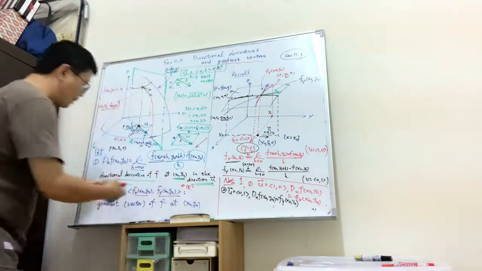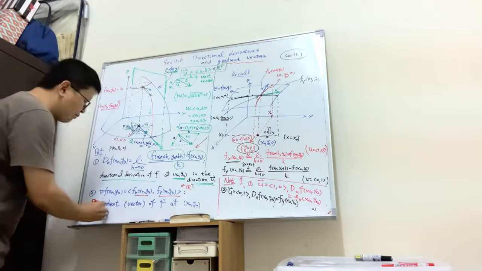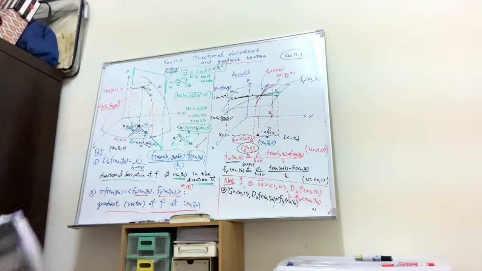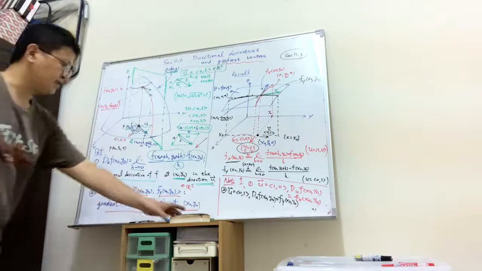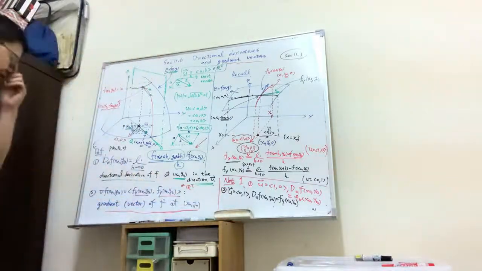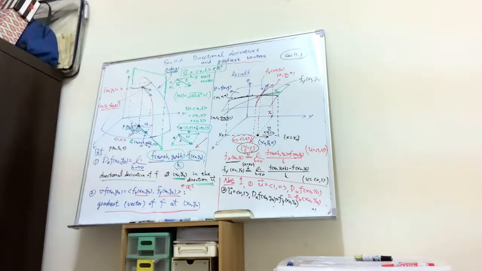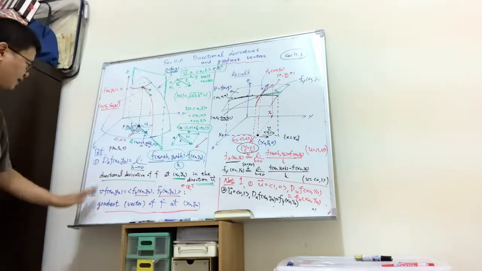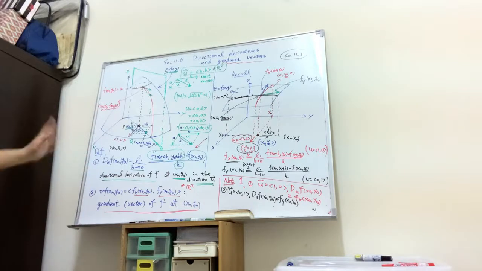We call it the gradient vector of f at this point. Sometimes we just skip the word vector. The gradient vector and directional derivative are a very important topic in chapter 6.